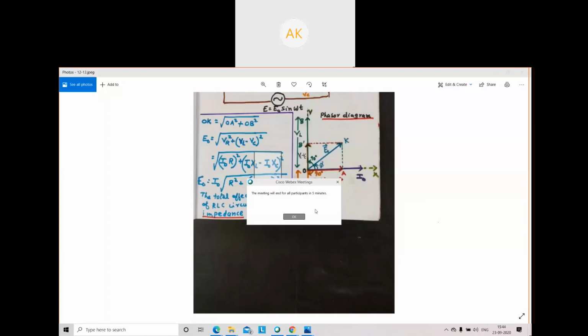Five minutes more? Oh, one derivation or two derivations. Okay. What happened? Amish is waiting in the lobby. Two participants are waiting, Amish and Sivagal.